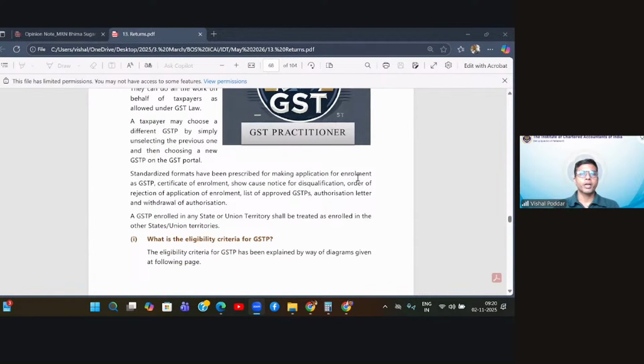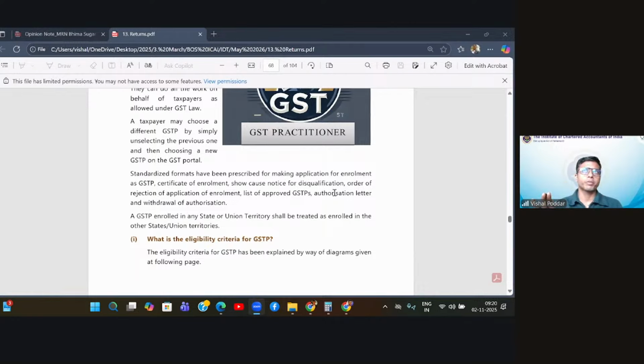Standardized formats have been prescribed for making application for enrollment, certificate of enrollment, show cause notice for disqualification, order of rejection of application of enrollment, etc. So all these are from my side. If I want to act as GSTP, how I will enroll myself, what will be the qualification, disqualification, how the portal may serve me a show cause.